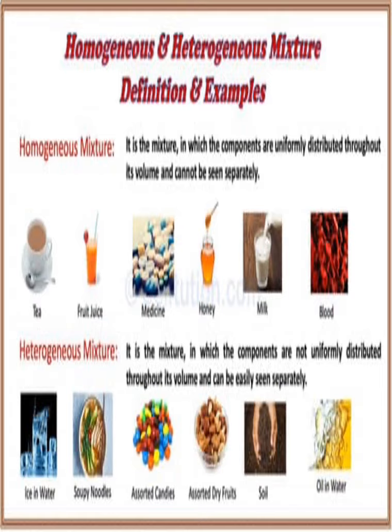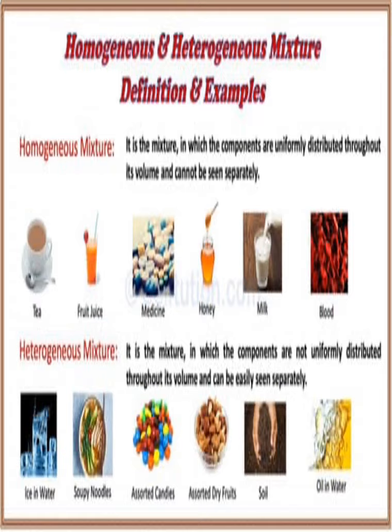Homogeneous mixtures, it is the mixture in which the components are uniformly distributed throughout its volume and cannot be seen properly. Kaya nga, sinabi ko kanina sa inyo, ang pinaka one-word clue for homogeneous mixture, it is a solution.